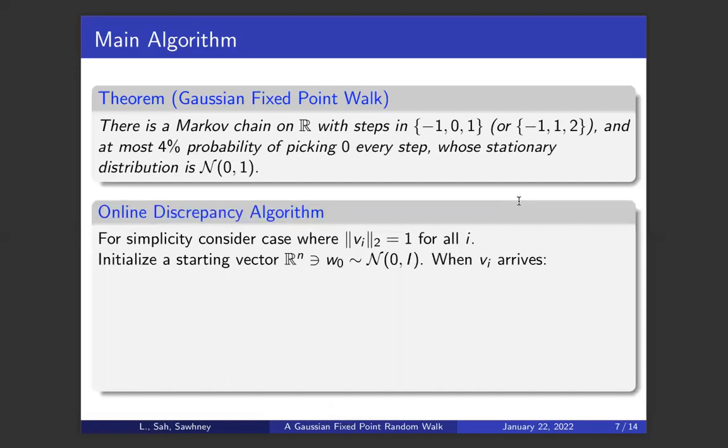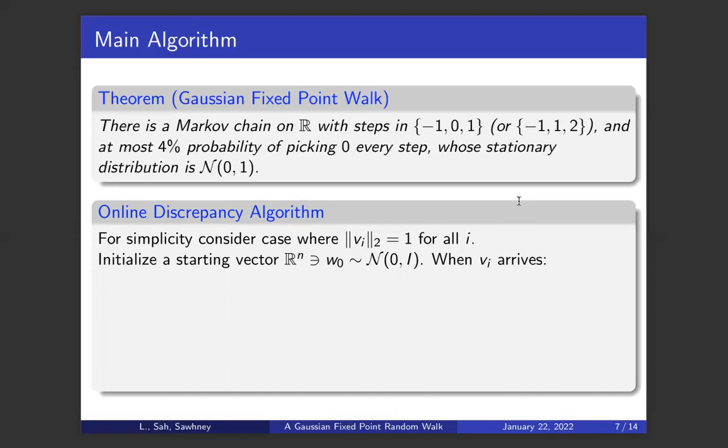To use this theorem to give a discrepancy algorithm, here's what we do. For simplicity, let's consider the case where all the input vectors have L2 norm 1. We're going to initialize a starting vector, w0, to be normally distributed in n dimensions.